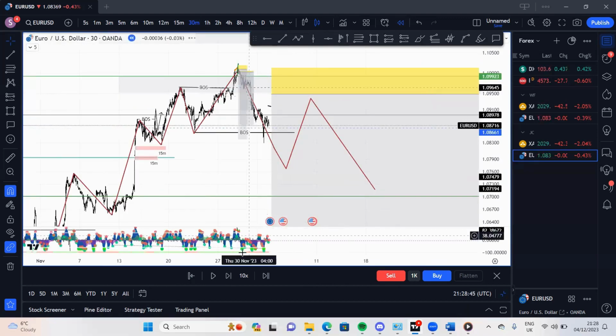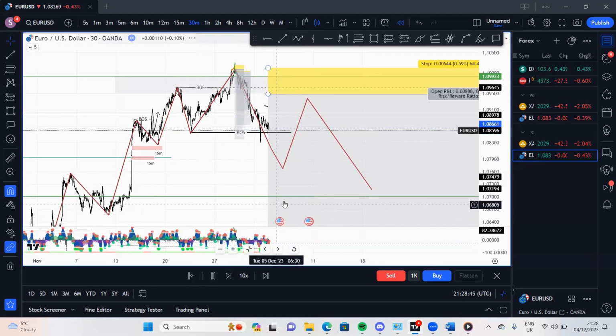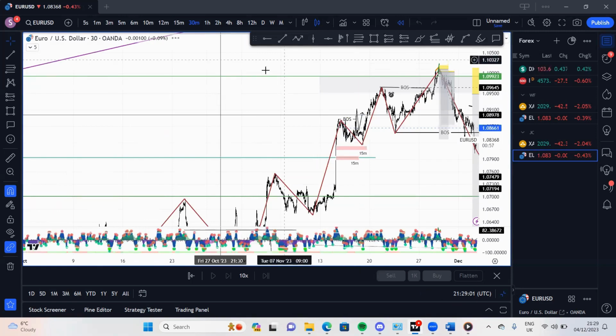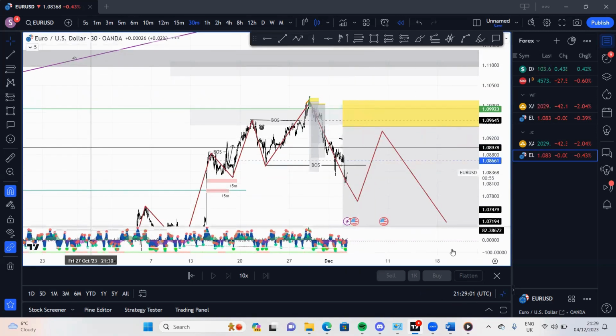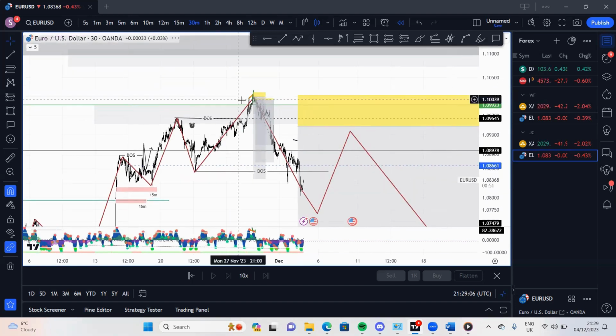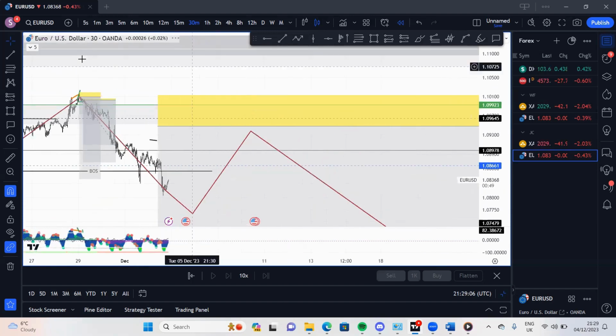Go to the 30-minute to give us a bigger idea, and it continues. Okay, so this would have been a very profitable trade for us.